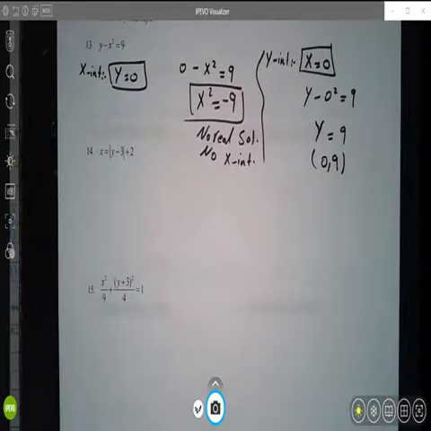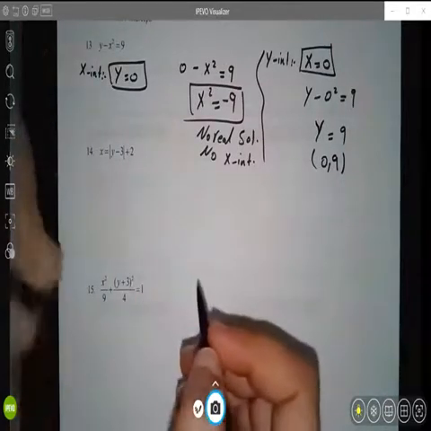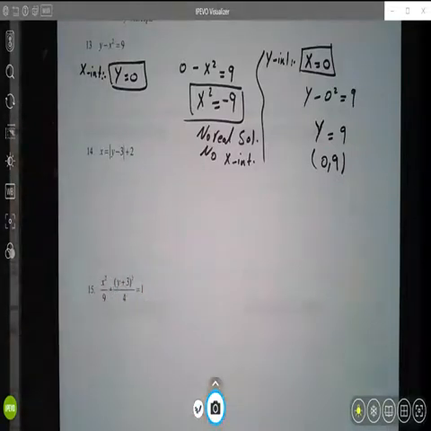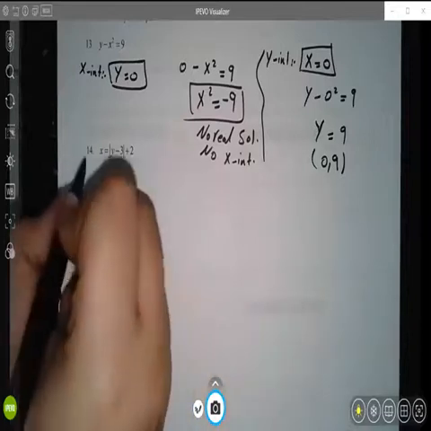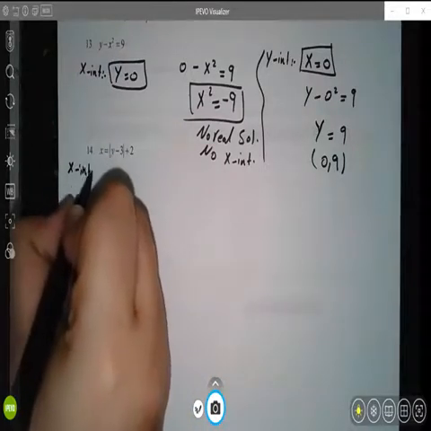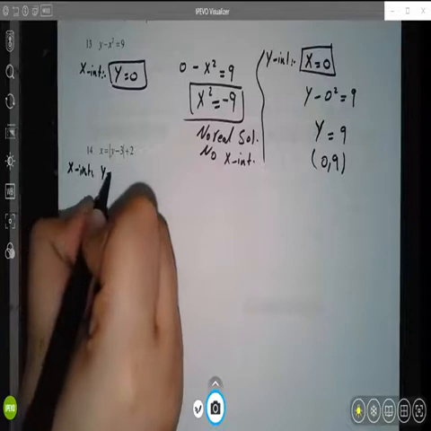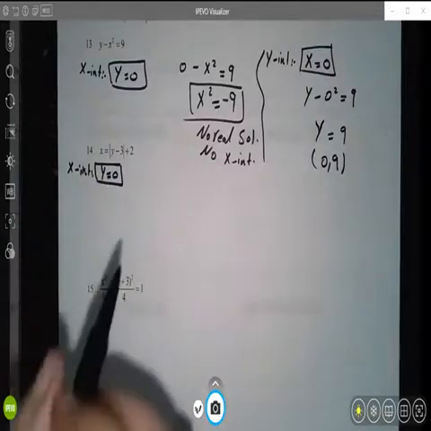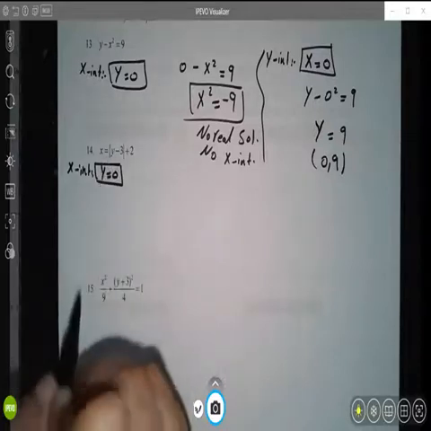Okay, let's do the next one. I'm going to leave the top one visible so you can see both. Okay, so for this one, let's try and find the x-intercept. So if I'm finding the x-intercept, y is what? 0. Okay. So I'm plugging in 0 for y.